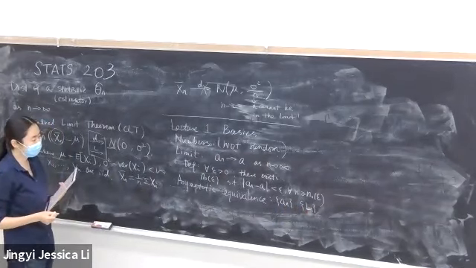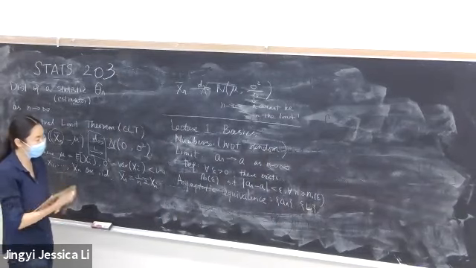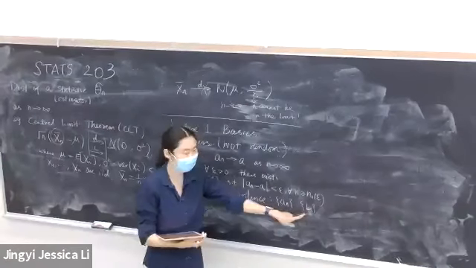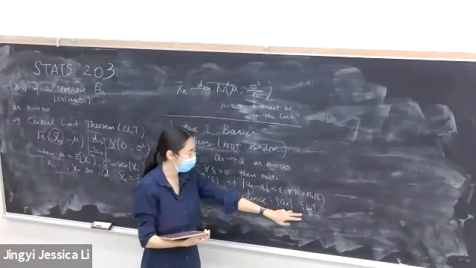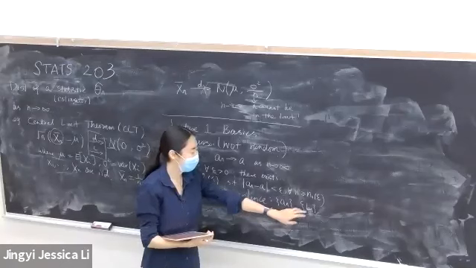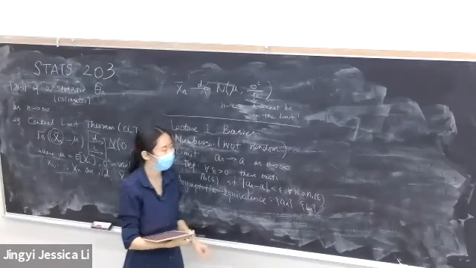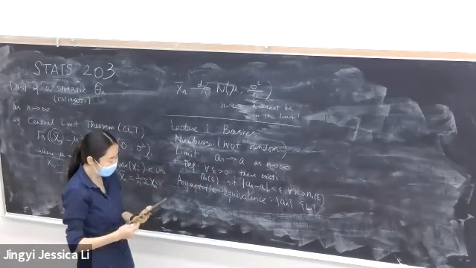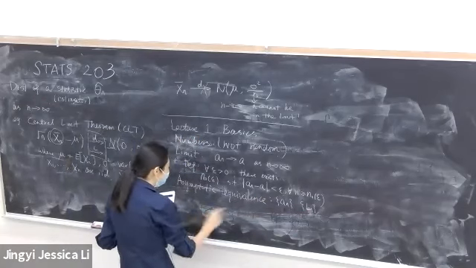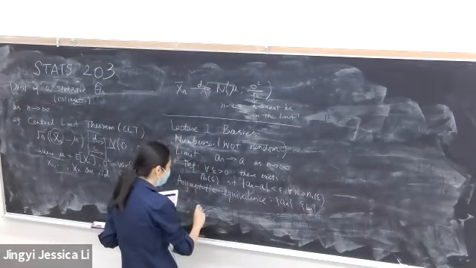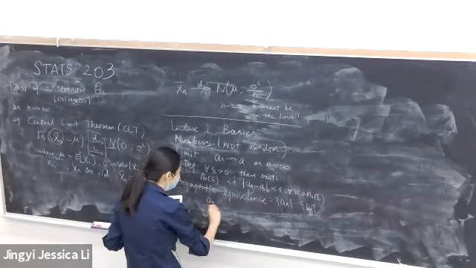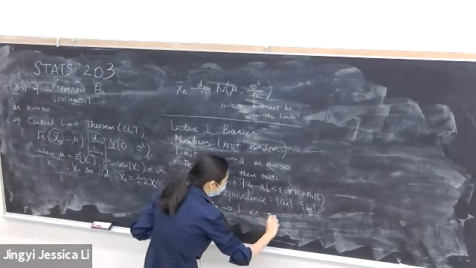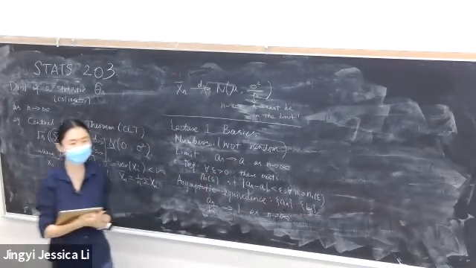What this means is that even though I may not have an equal to bn for any n, I can say an is asymptotically equivalent to bn. And asymptotic is tied with the limit definition. Essentially, this definition of asymptotic equivalence is just an over bn converges to 1 as n goes to infinity. So it's defined based on limit.